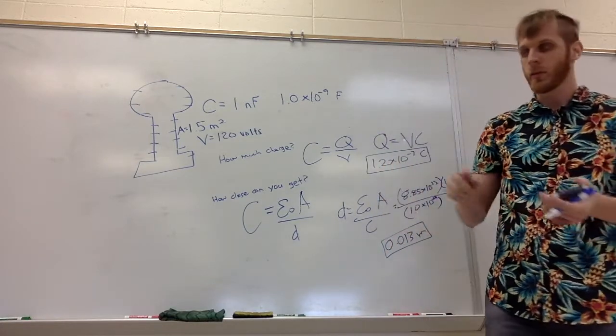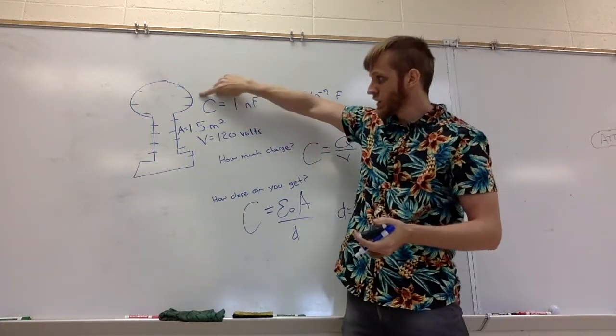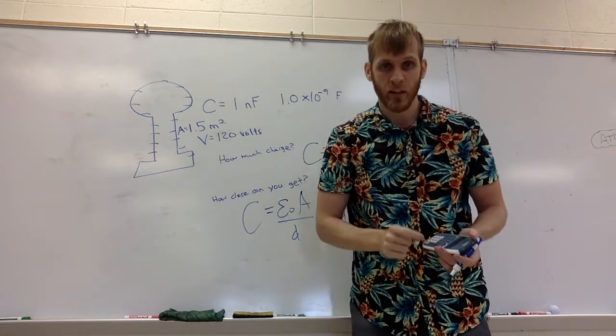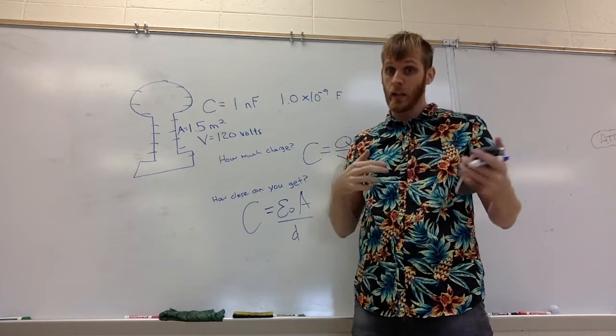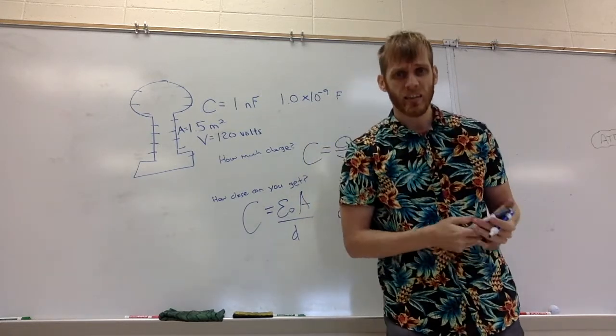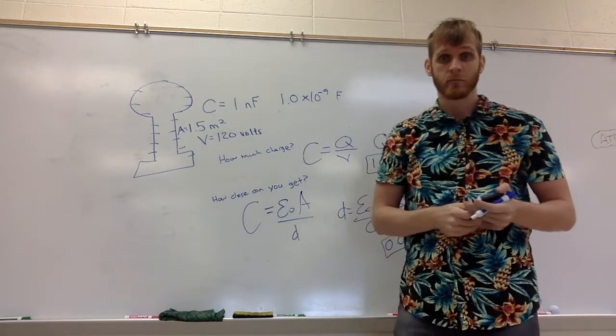So 1.3 centimeters away, that's how close I can get to this, which is about like that, before it zaps me. That's the absolute closest I can get. Now, doesn't mean that it can't discharge quicker than that because there are other factors that tie into it, but that's like the closest I can get before I get zapped.